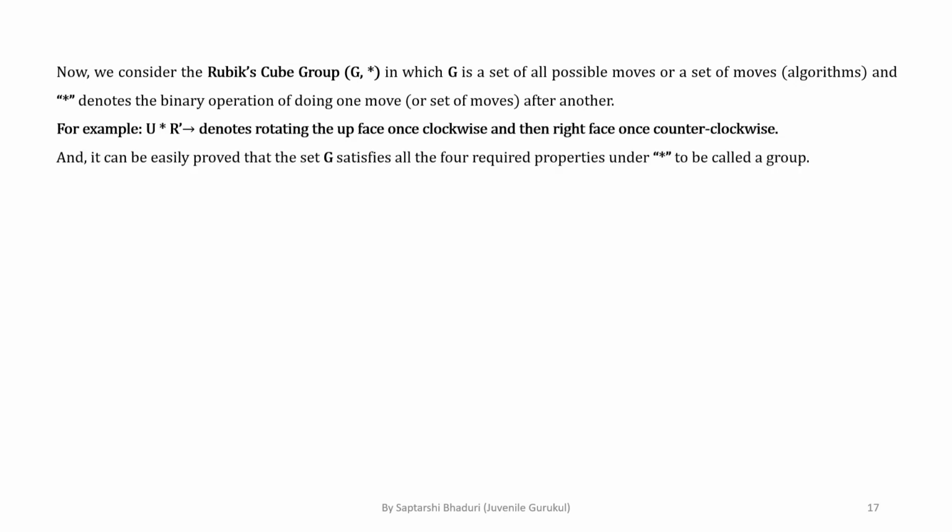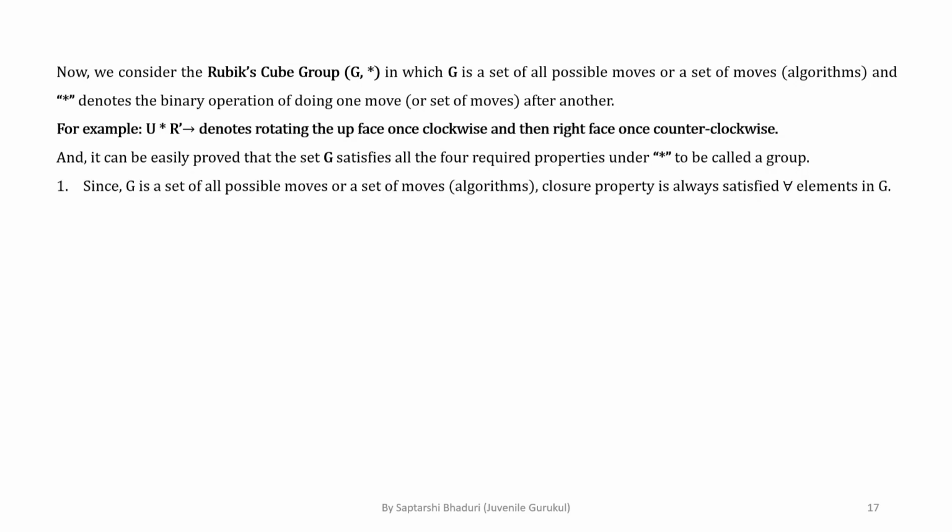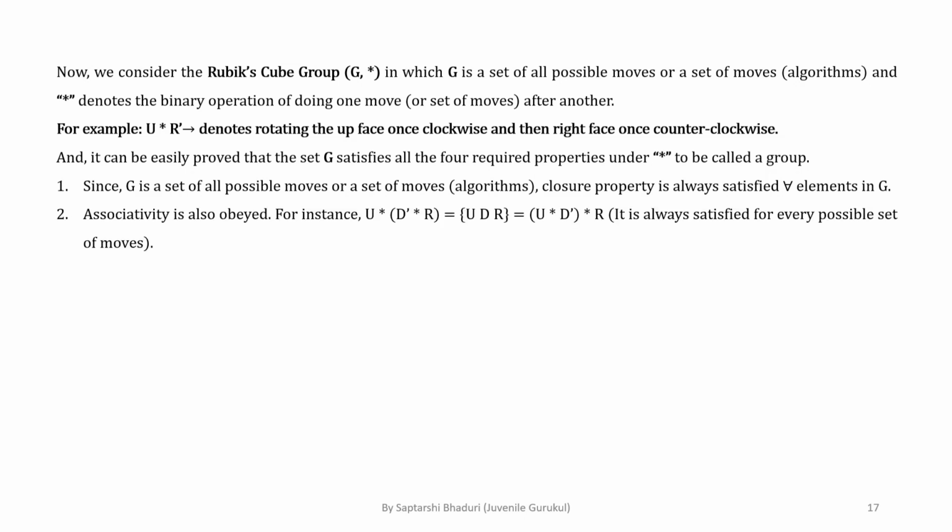And it can be easily proved that G satisfies all the four conditions required for it to be called a group under the operation star. First, since G is a set of all possible moves or set of moves, the closure property is always satisfied for all elements in G. Secondly, associativity is also obeyed.